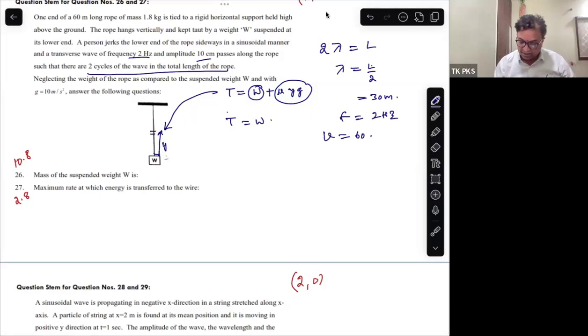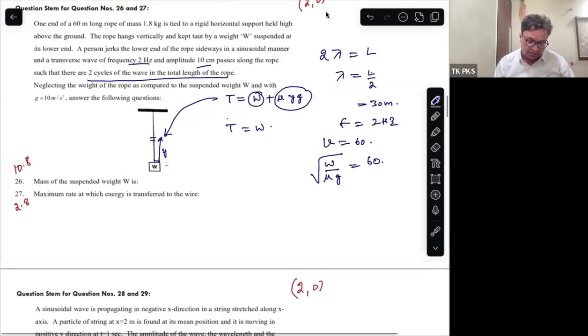Hold on. Root of W by mu g is 60. Did they mention W? No. So you want W by mu g is 60 into 60. Hold on.